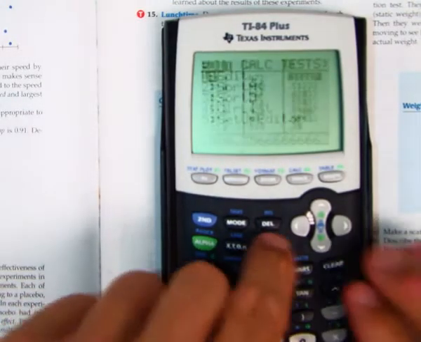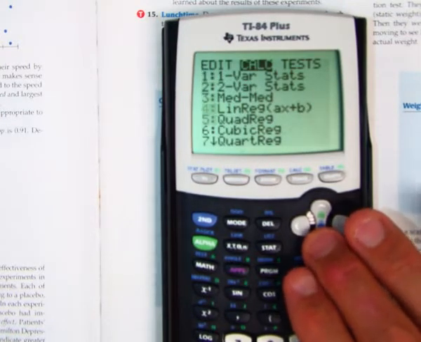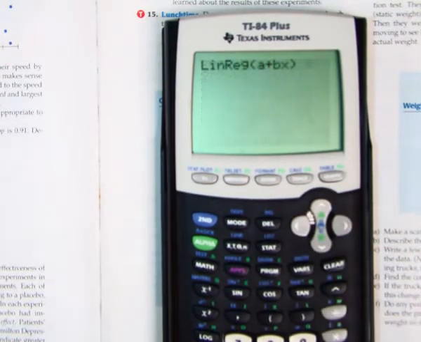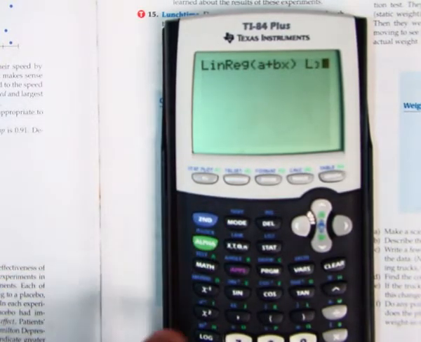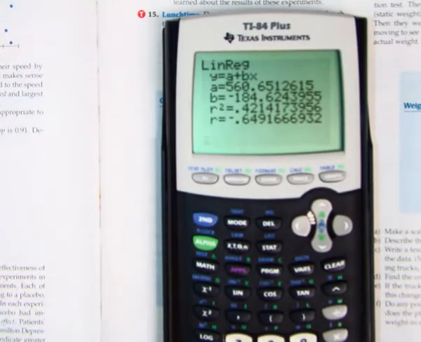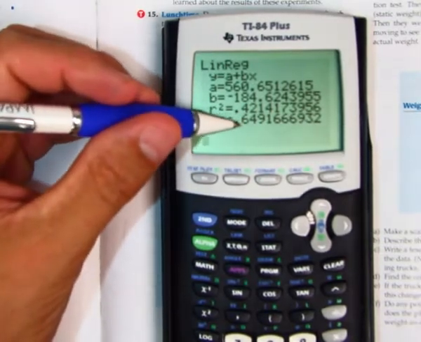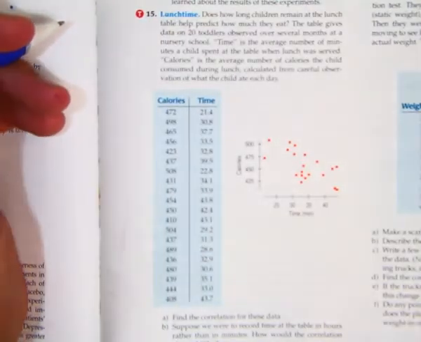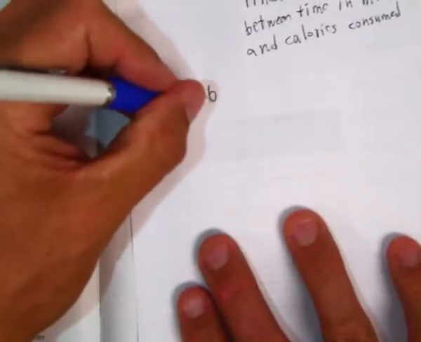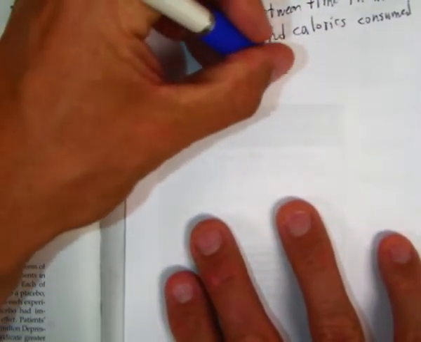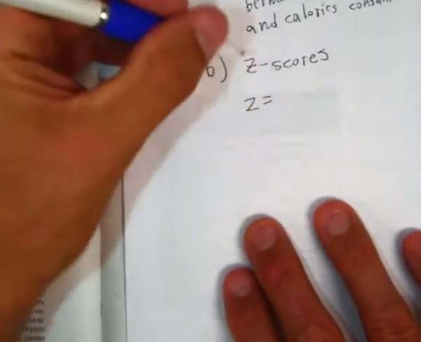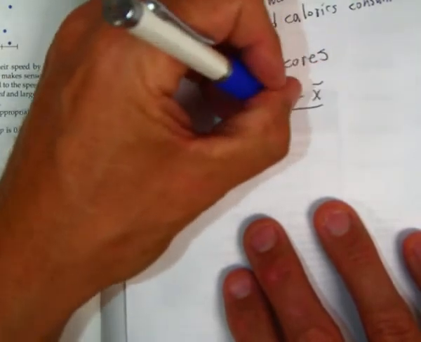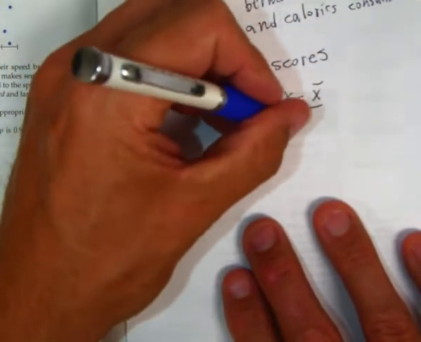Now I'm going to go back to calc, go down to number 8, and now my explanatory variable is L3, which is in hours, comma L2. I calculated it, and guess what? Correlation did not change, because correlation is calculated with z-scores. Remember our z formula is x minus x bar over the standard deviation.